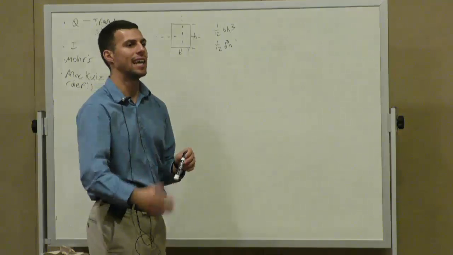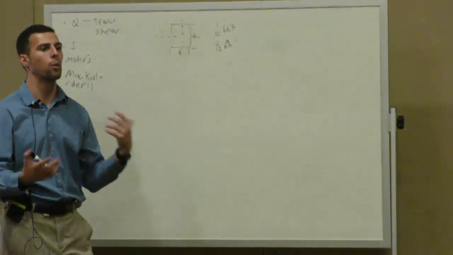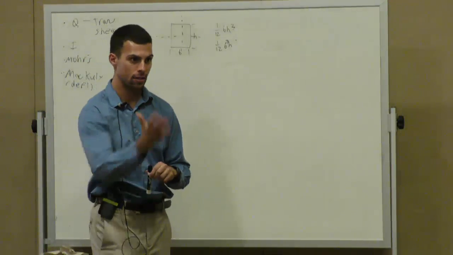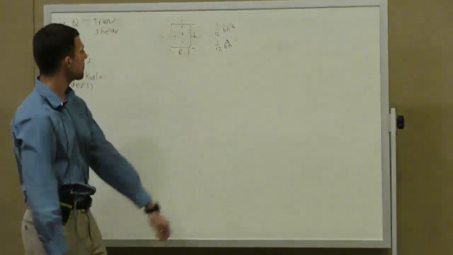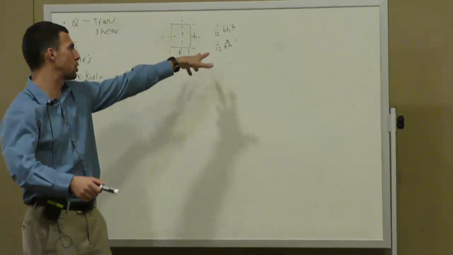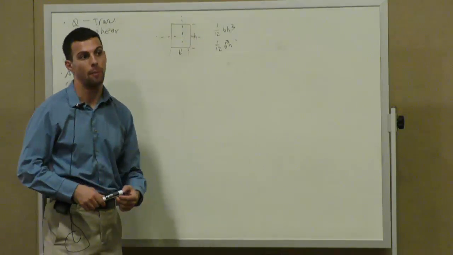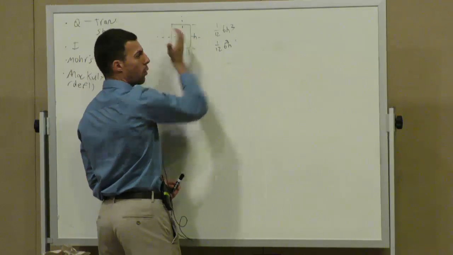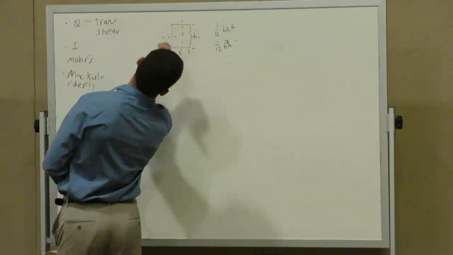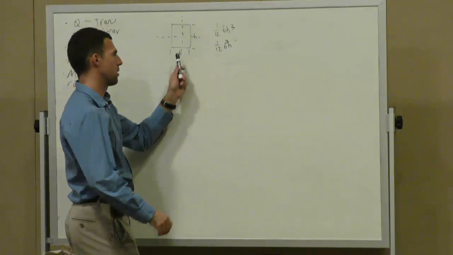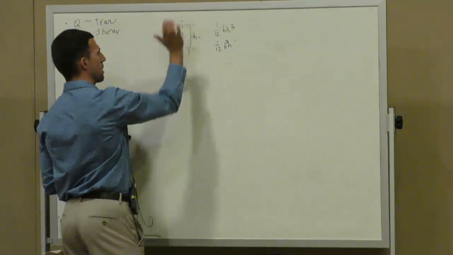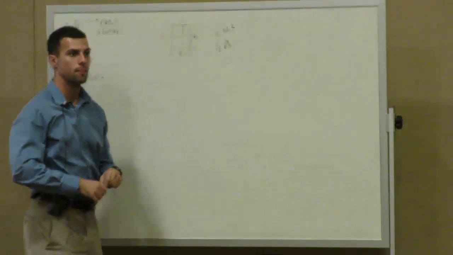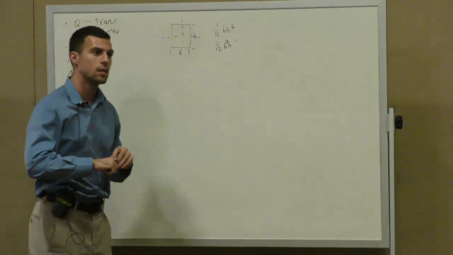And in bending, it is the axis about which the bending moment acts. That is how you choose which one you do your I about. So if you had a bending moment this way, or the other way, you would use this form, versus this way, you'd use this form. Make sense? Okay.